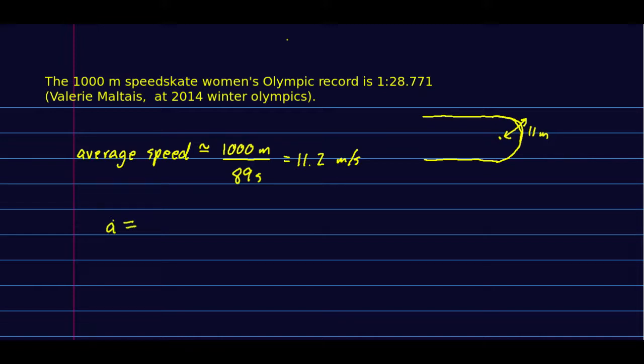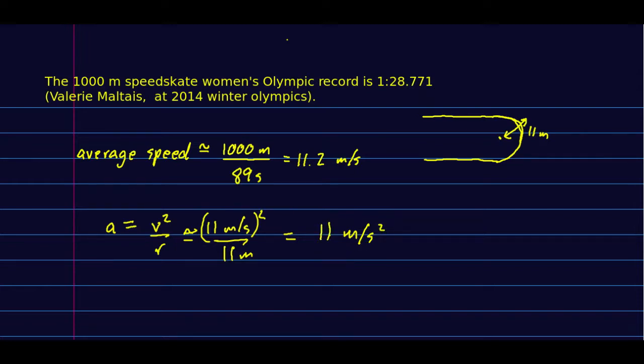Remember, I'm not putting a vector symbol on this because this is a magnitude of an acceleration, and it's going to be v squared over r, where that v is the speed. So that's pretty much 11 meters per second squared over 11 meters. Note this is all going to come out in meters per second squared, and 11 squared divided by 11 is 11.